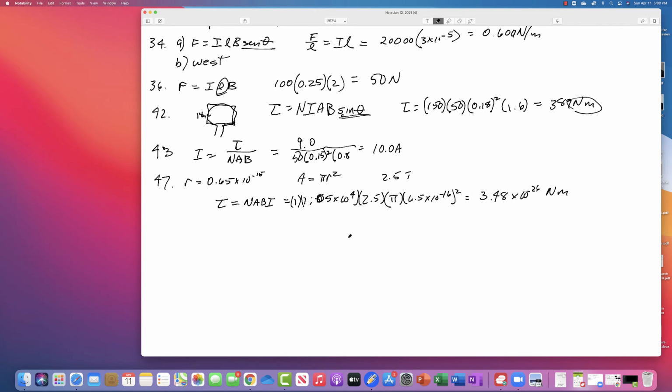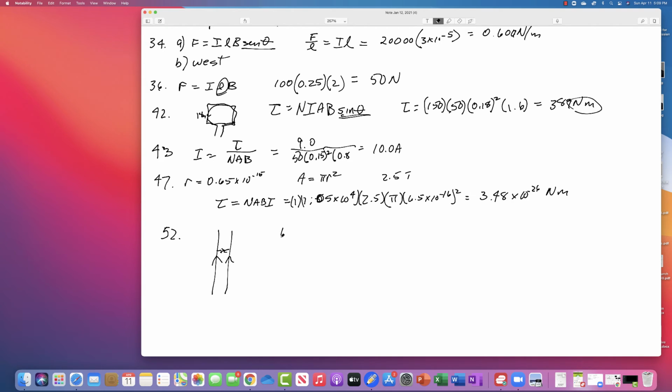Now with number 52, we're moving into the force with two parallel conductors. Okay, if you have two conductors that are conducting electricity, because they both generate a magnetic field, there's a force between them, and if they're in the same direction, the force is an attractive force, and if they're in opposite directions, it's a repulsive force.